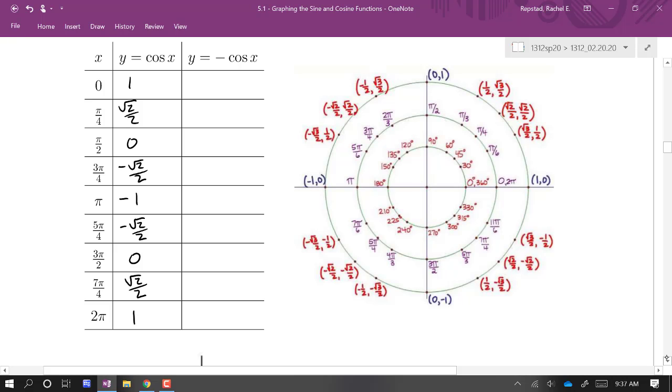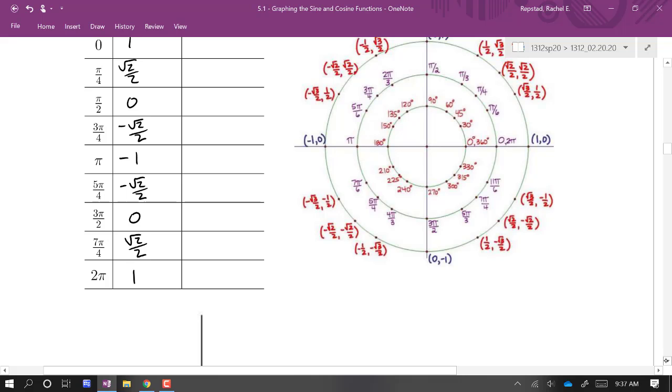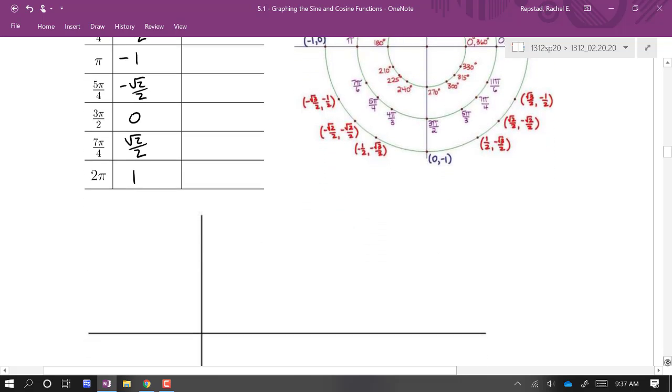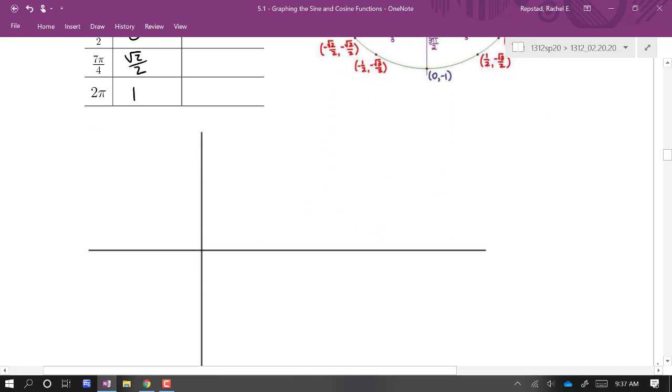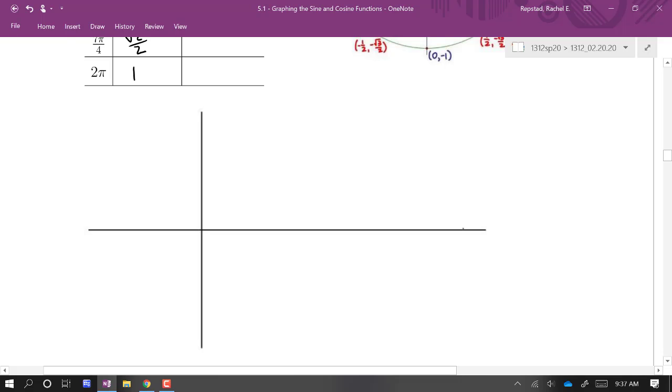We could plot these points and then graph the best curve we can that goes through them. Again, the period is 2 pi, so I'm going to put 2 pi near the end here. Cut it up into quarters first and then into eighths.